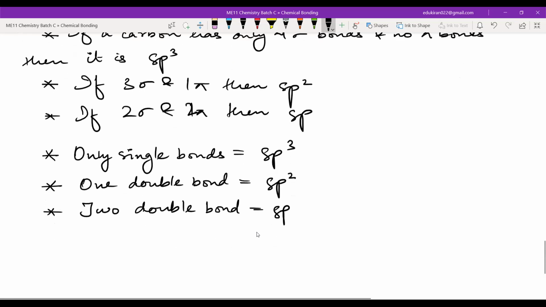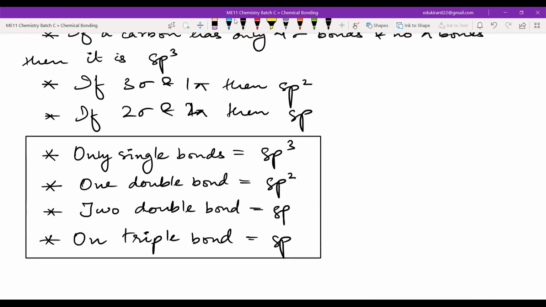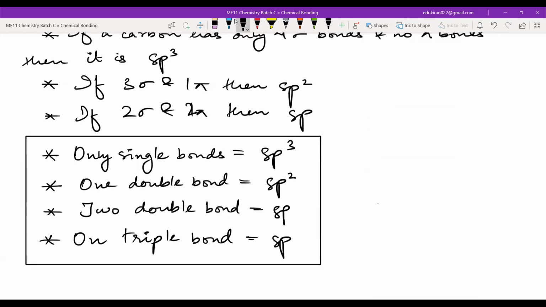And if it is having one triple bond, then also it will be sp. This is more important, in the sense that you will be using this part very much to identify sp, sp2, sp3.